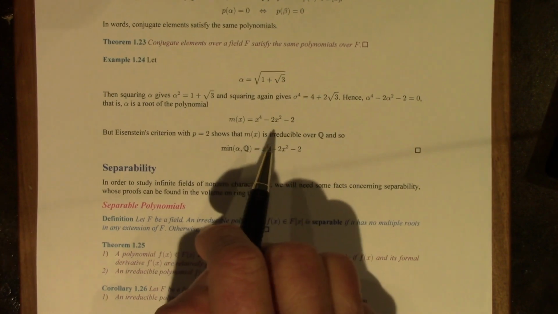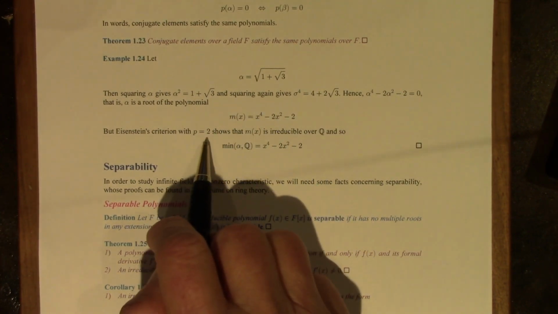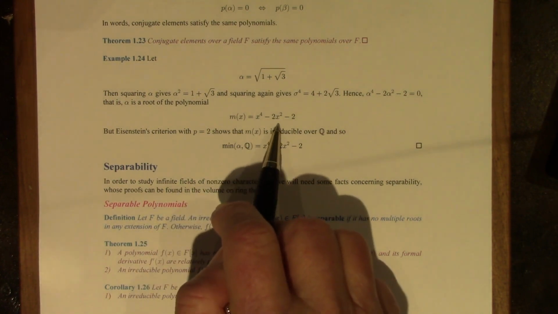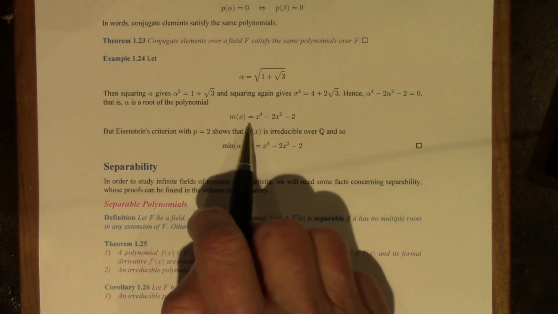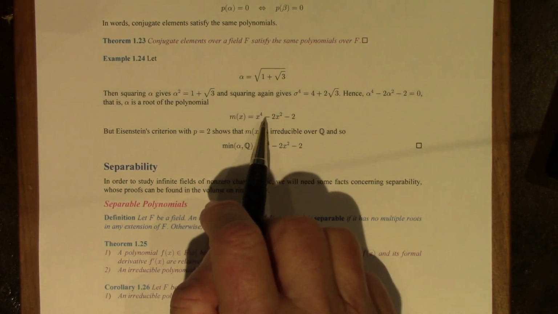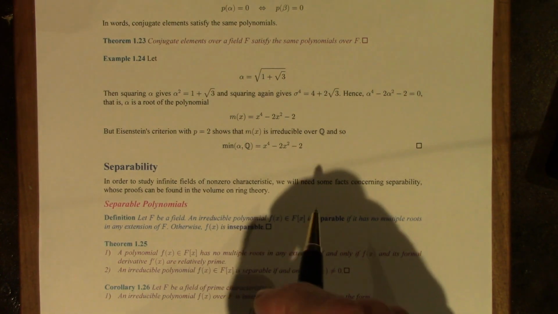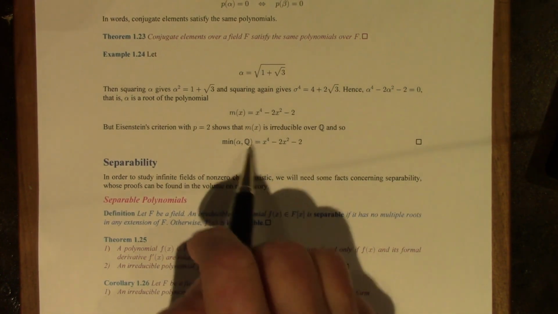Now we can use Eisenstein's criterion with the prime equal to 2 to show that this is irreducible. It's monic, it's irreducible, it's satisfied by alpha, and therefore it is the minimal polynomial of alpha over Q.